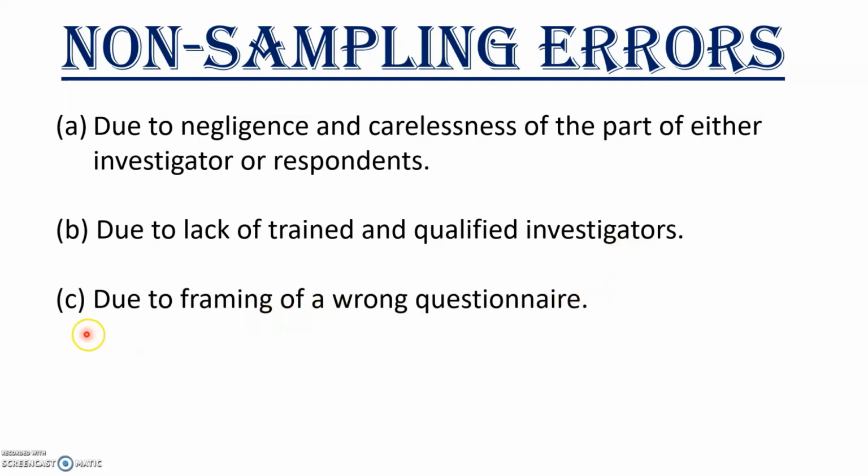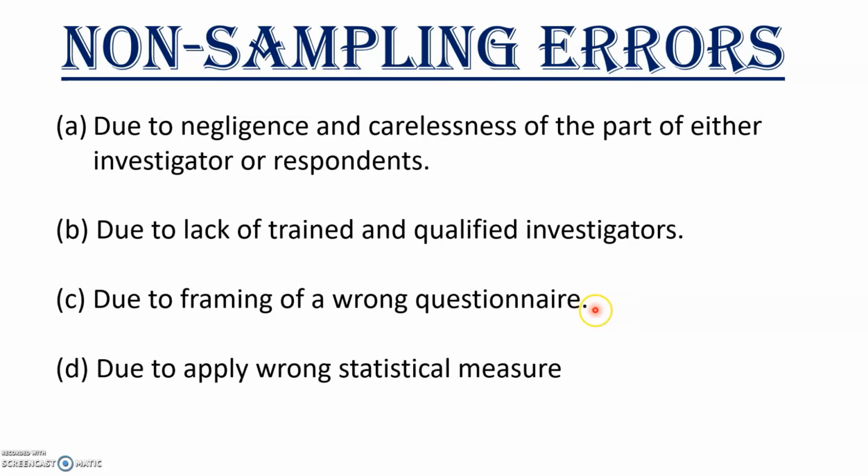Or due to framing of a wrong questionnaire. A questionnaire is very important in statistics. Every statistical study has a questionnaire when you do the sampling. And this questionnaire has to be properly designed, so it gets you the correct information. A wrong questionnaire would give you the wrong analysis of the statistics.